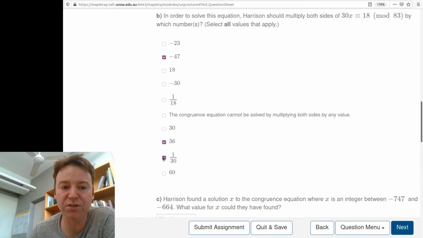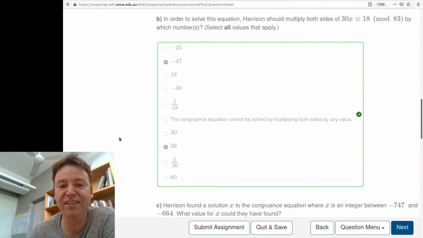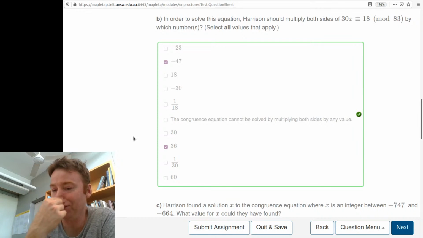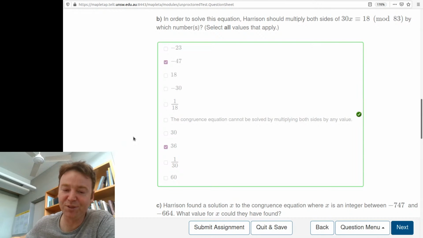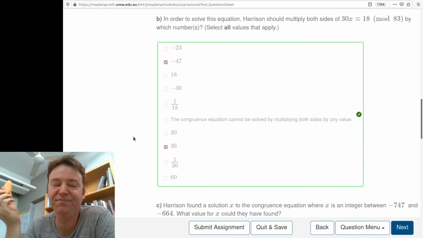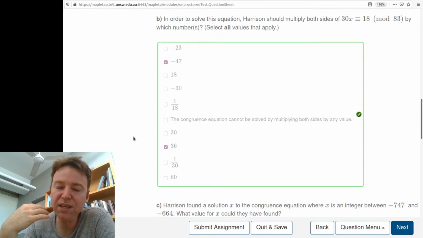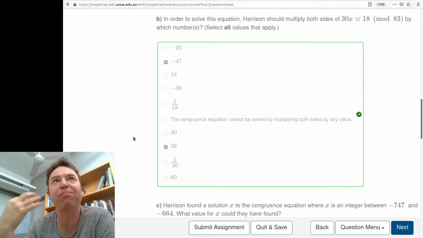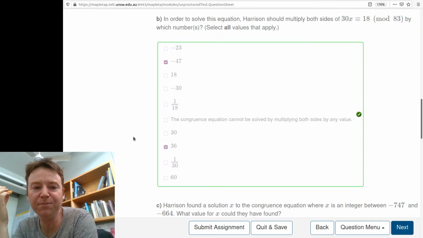Or maybe 1 over 30 is not okay then. How did I do now? Hey, there we go. The answers say no to 1 over 30. Okay, good. Yeah, 1 over 30 is a bit misleading. Part of me feels like that should be correct, and part of me feels like that's not legit. You can't multiply by 1 over 30. Anyway.